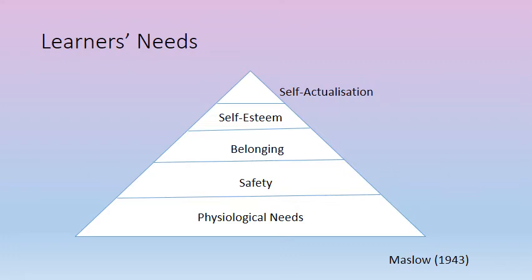And the physiological needs are legion, for example, warmth and refreshment. So making sure that people are comfortable before moving up the pyramid. And belonging and acceptance would be those within social groups, and self-esteem and respect from others. And then the apex of the pyramid, self-actualization, is the realization of the learner's full potential.